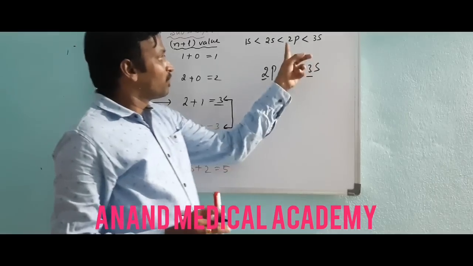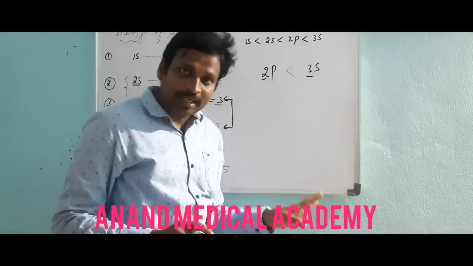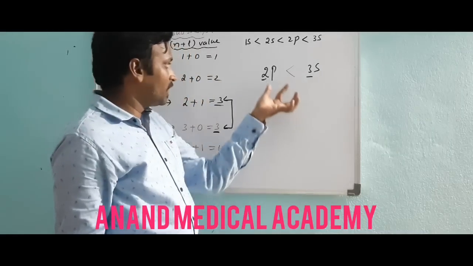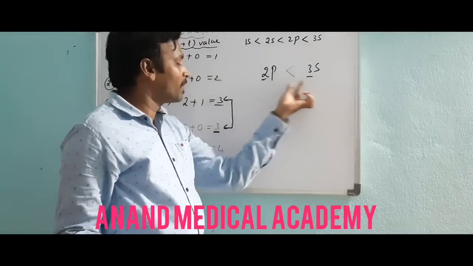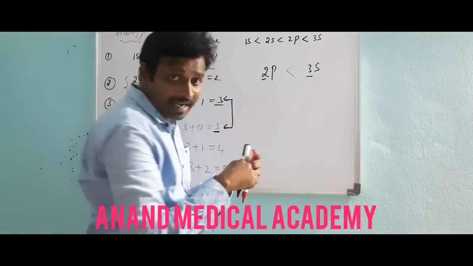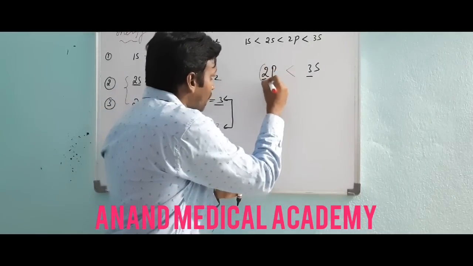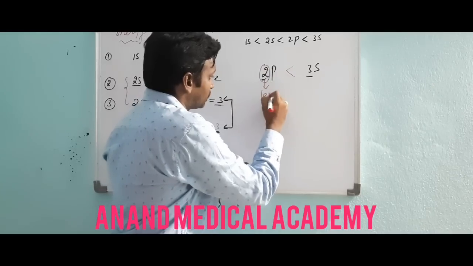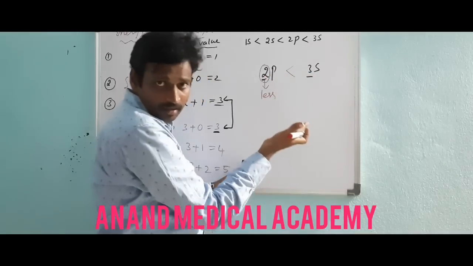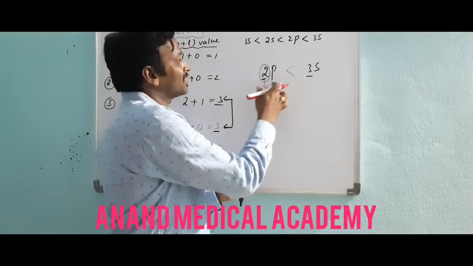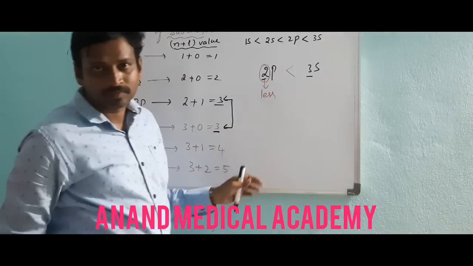So the n plus l values are the same, but the energy we decide based on the n value. 2 is less than 3, 2 is smaller than 3. Correct? So 2p has less energy because of the smaller n value.